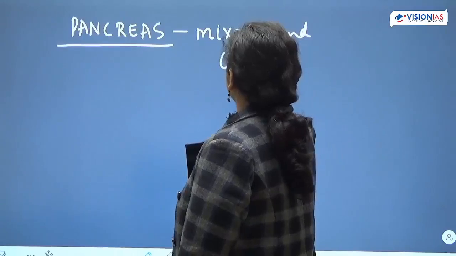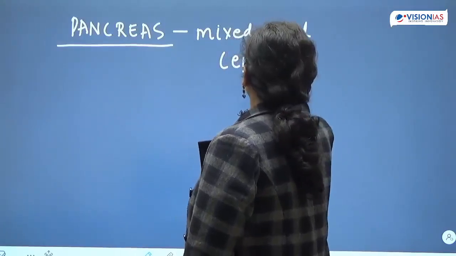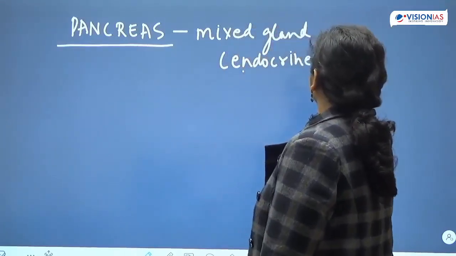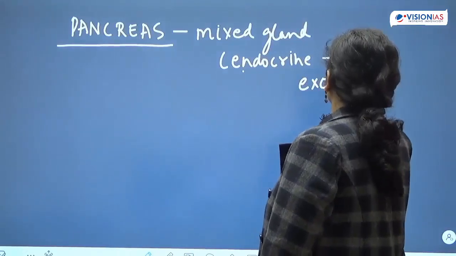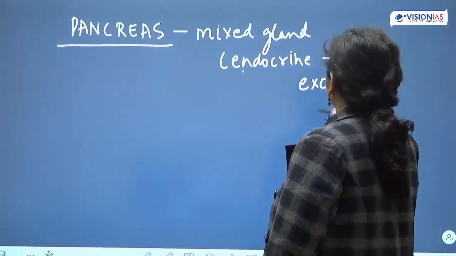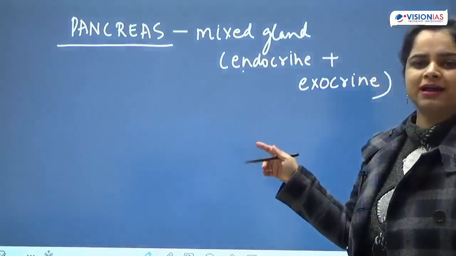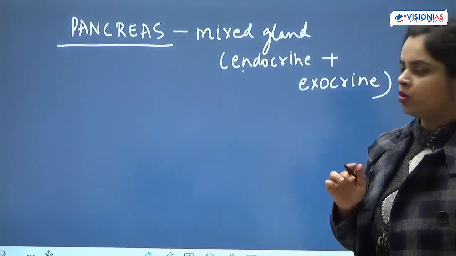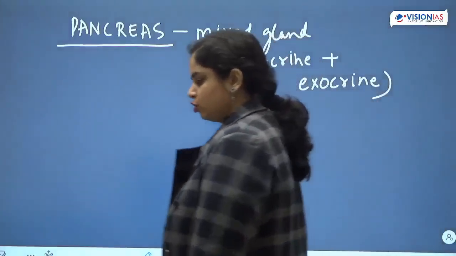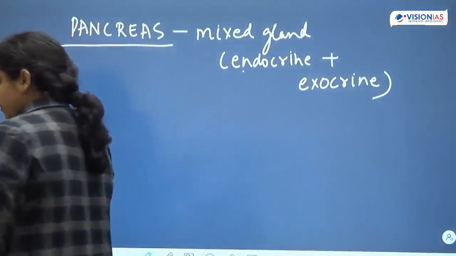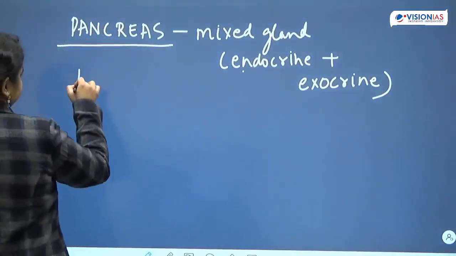It is a mixed gland, that is endocrine plus exocrine. Both the functions pancreas will do. So it is a mixed gland. Here we are going to talk about the two hormones which are released from pancreas.